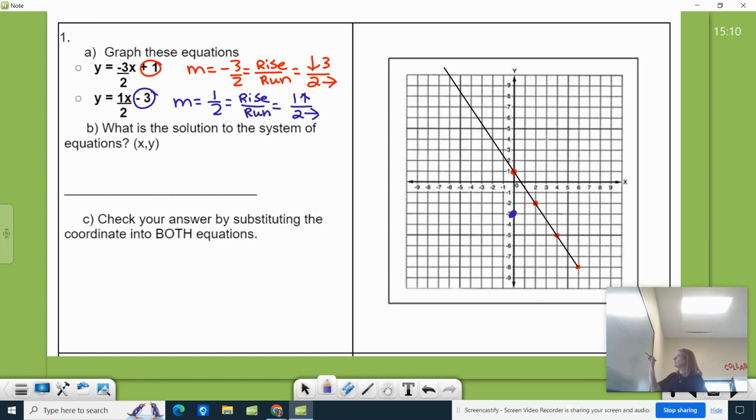So from -3, 1 up, 2 to the right, 1 up, 2 to the right, 1 up, 2 to the right, 1 up, 2 to the right, 1 up, 2 to the right. Draw my line. There we go.